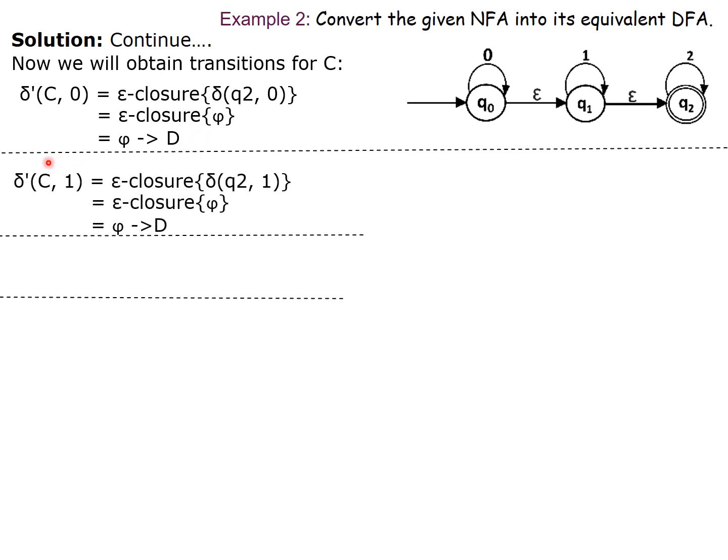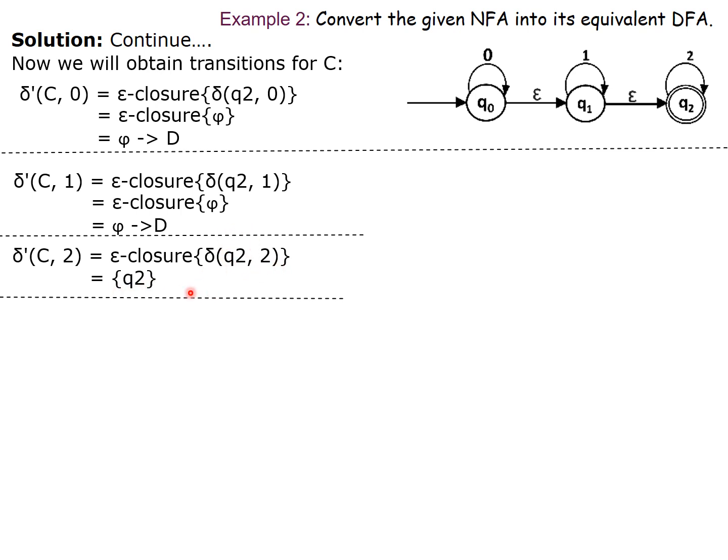So then C on 1, again there is no transition at all. That will also be phi, and epsilon closure of phi is phi itself. You have already renamed that phi as state D. On 2, let us move to the last transition. On 2 we have a transition, it will go to Q2 itself.